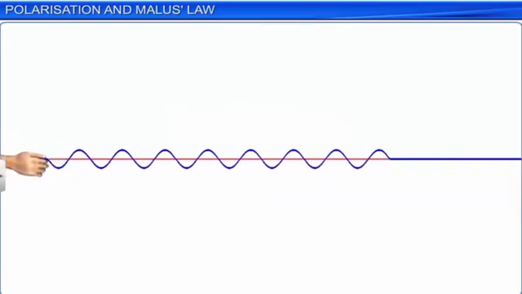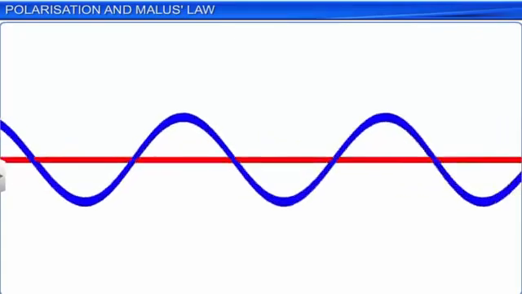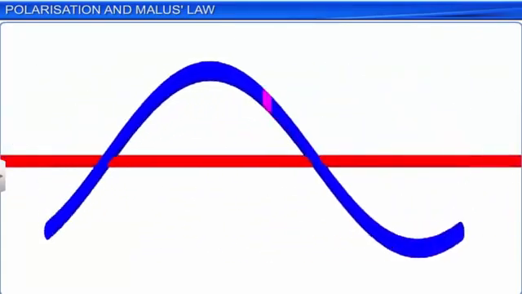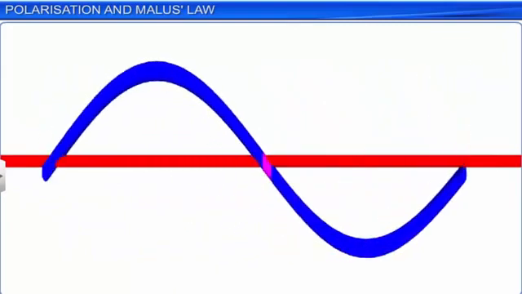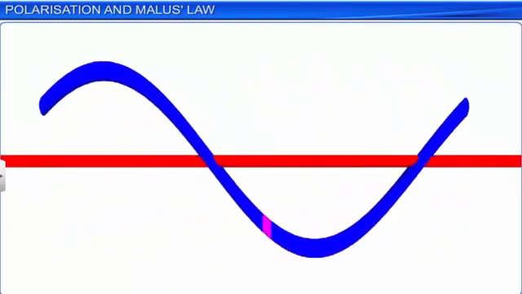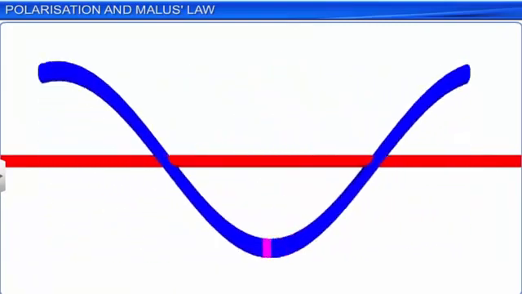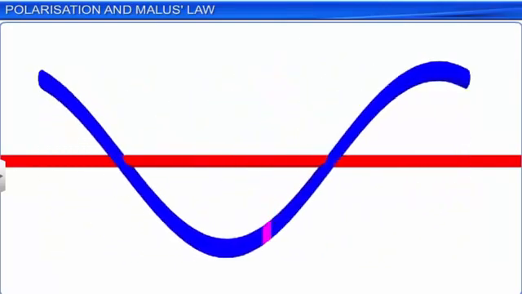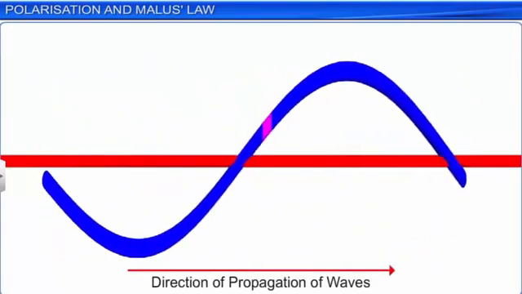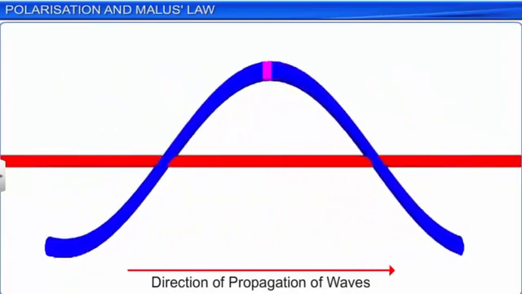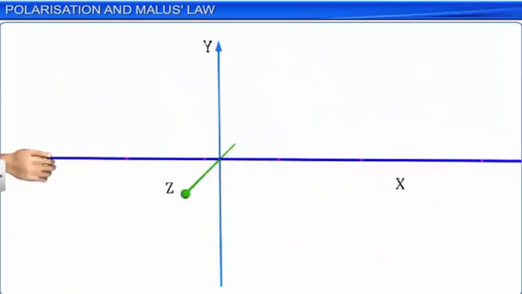For example, waves on a stretched string are transverse in nature. An element of the string oscillates about its equilibrium position, perpendicular to the direction of wave propagation. Let us assume that the string is along the x-axis and its free end is moved up and down along the y-axis.